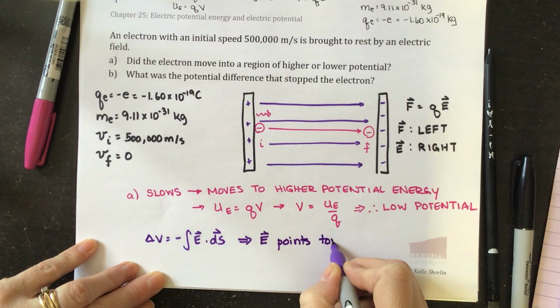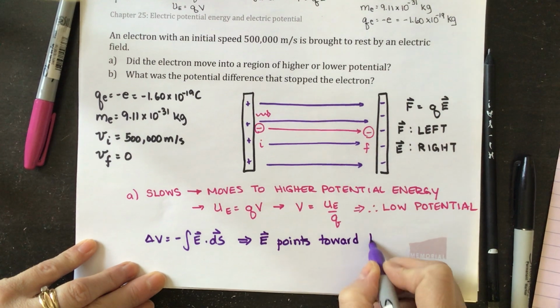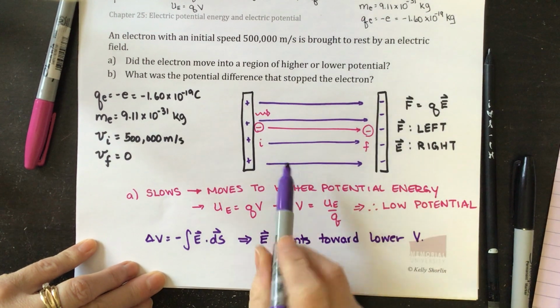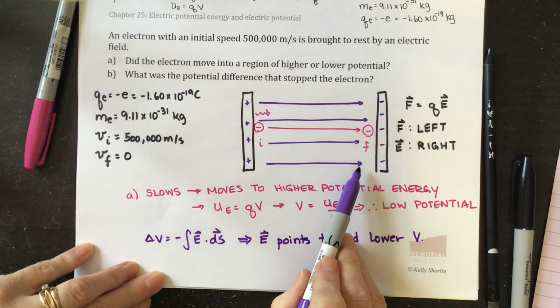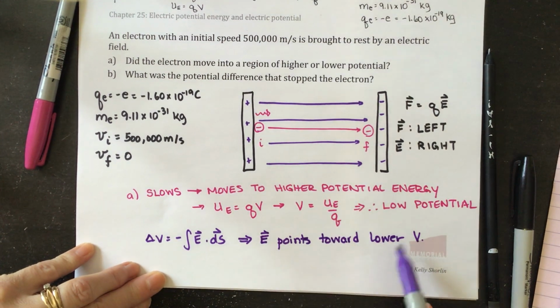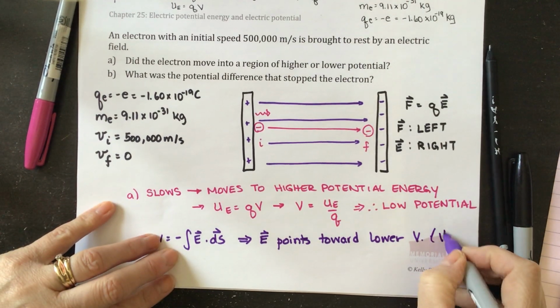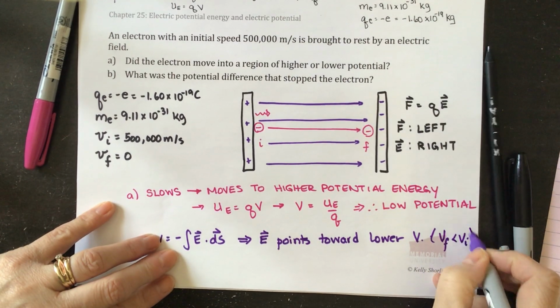So E points toward lower potential. And we've already established in our diagram that it moves in the same direction as electric field, therefore towards lower potential. Okay, and VF less than VI.